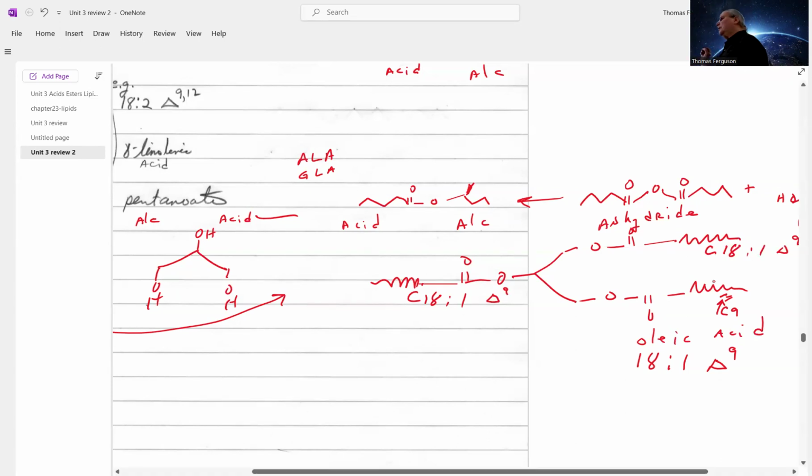So this is what olive oil would look like. If you were to analyze the triglycerides in olive oil, it would be trioleate.